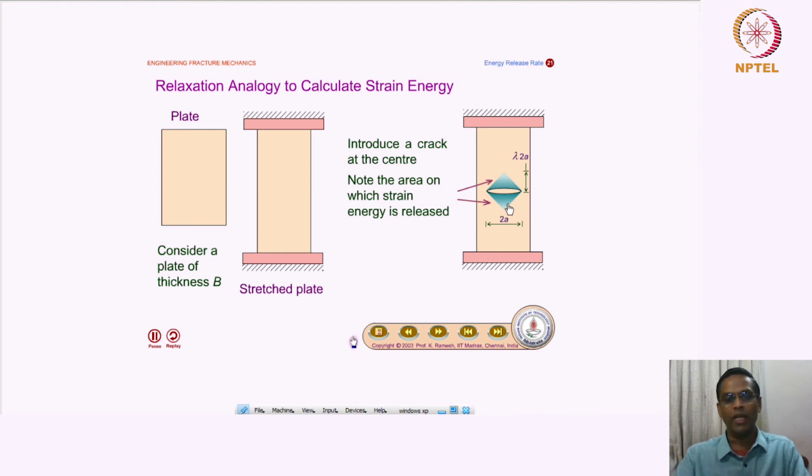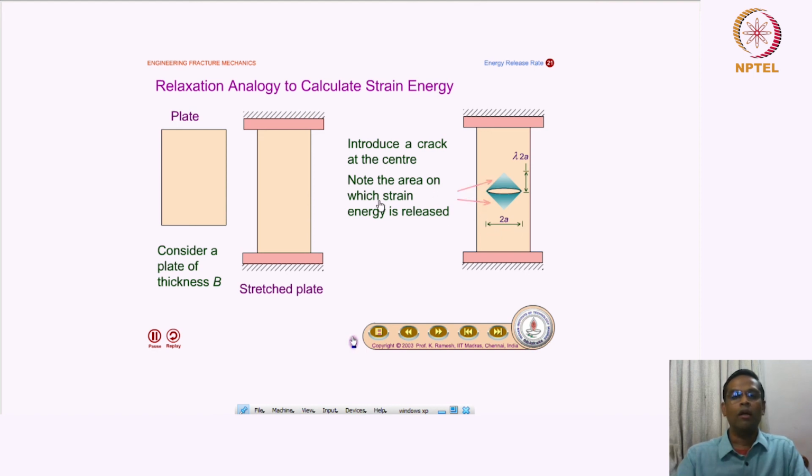It could be of any dimension, but for a simple schematic to get an idea, we are taking this triangle because the mathematics is simple. So you assume that this height is 2a times lambda, where lambda is a proportionality constant, and the crack length is 2a.